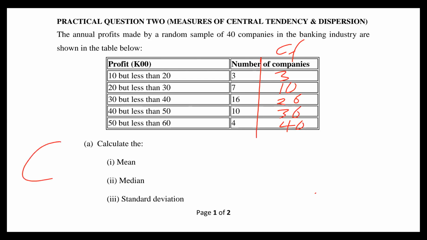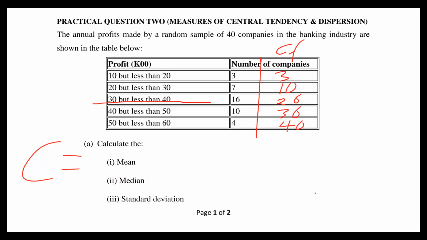We need to find the class size C. With this one, we subtract the difference of the class boundaries. Our median class is which one? Between 30 and 40, right? Yes.